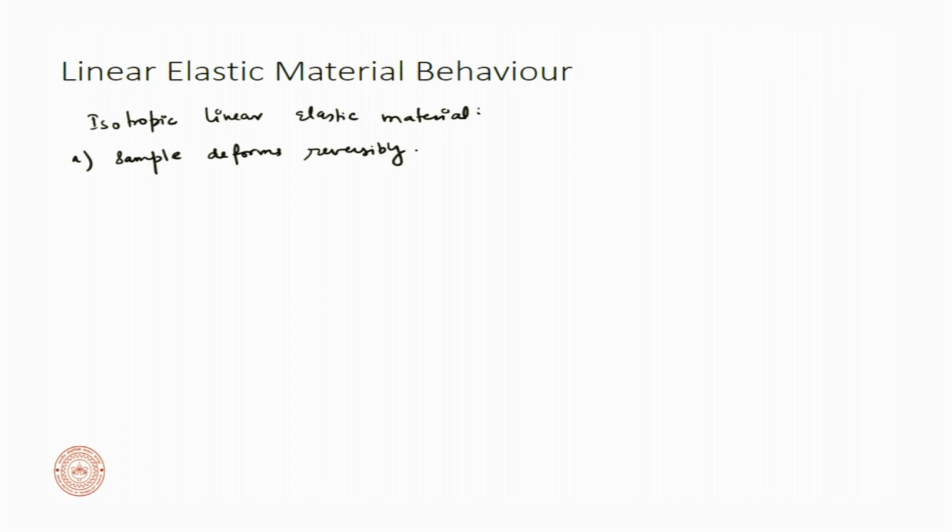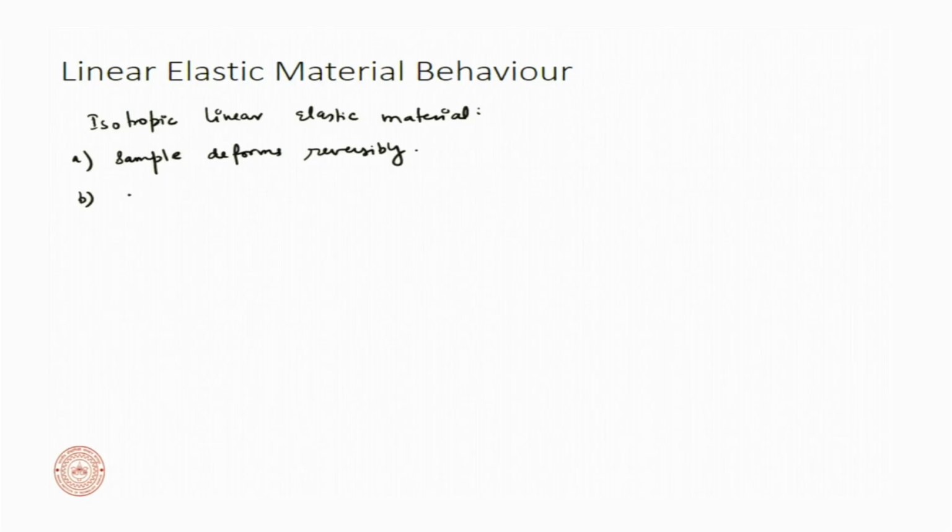What I mean by reversibly is that if you apply the stress, it will deform to a certain extent, and when you remove the stress, it should come back to its original state. So, if I pull this pen, it will deform to a certain strain, and if I release it, it should be able to come back to its original or initial state. That is the first consideration.